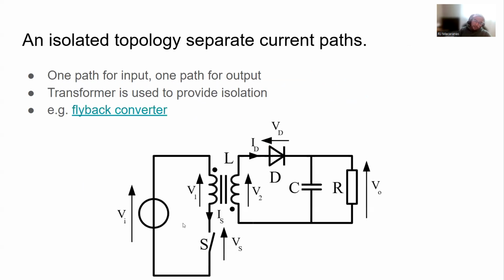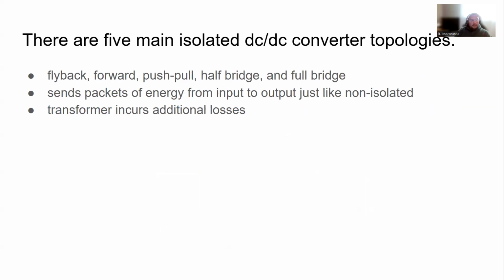This transformer has a primary winding, a secondary winding, and it's got some core loss, right? This is not a perfect conversion of voltage from this end to that end. There's also some additional copper loss in the inductance of these primary and secondary windings, right? These are effectively inductors, which are not perfect wires. They have some resistance.